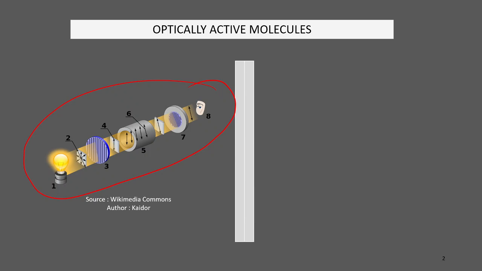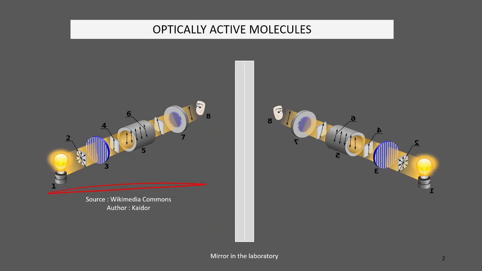So I am going to think of a thought experiment which I love. Suppose there is a mirror in the laboratory where this experiment is happening, right? Then this is the mirror image world. This is the real world, and this is the virtual world. But the virtual world is as logical as the real world, right? Even in the virtual world, whatever you see in the mirror image is also logical, right?